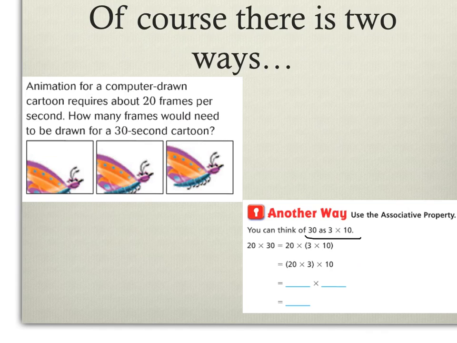I can easily solve 20 times 3 using my basic fact. 2 times 3 is 6, so 20 times 3 is 60. If I multiply 60 times 10, my basic fact 60 times 1 is 60, and then I add my 0 for the 10, still giving me 600.